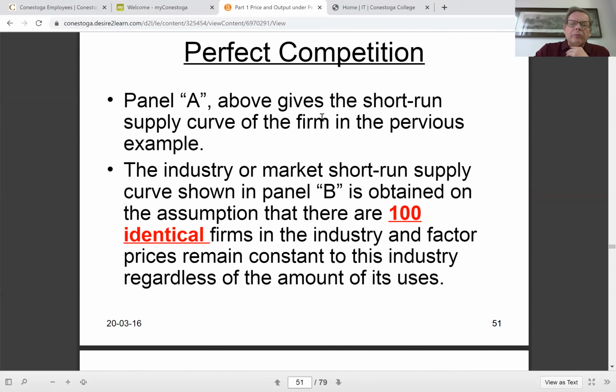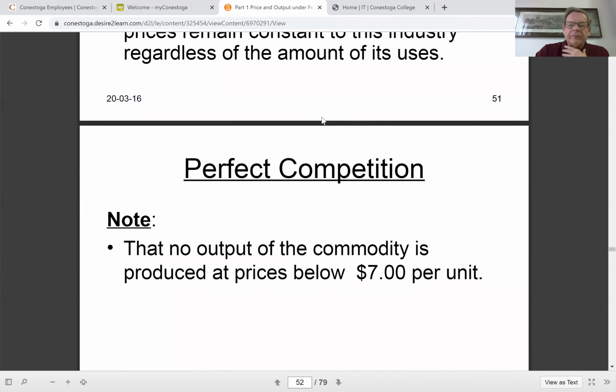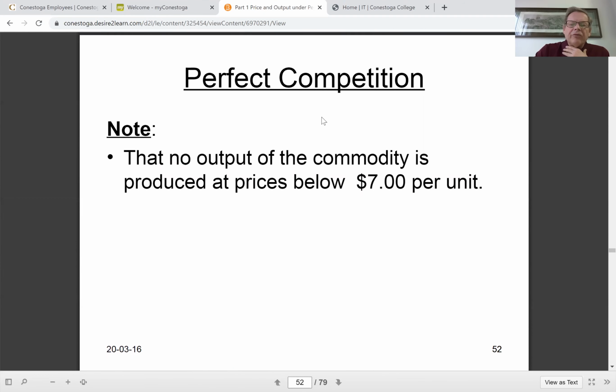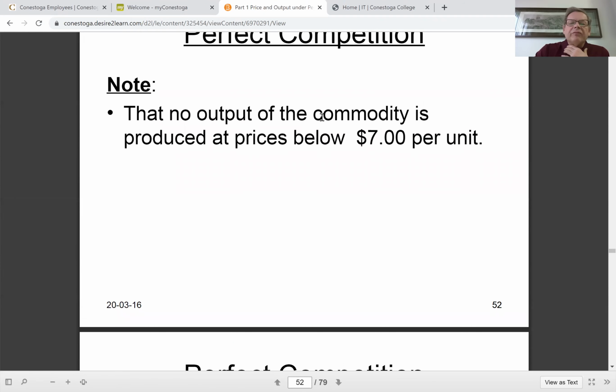The industry or market short-run supply curve shown in panel B is obtained on the assumption that there are 100 identical firms in the industry and factor prices remain constant to this industry regardless of the amount it uses. Please note that no output of the commodity is produced at prices below $7 per unit.